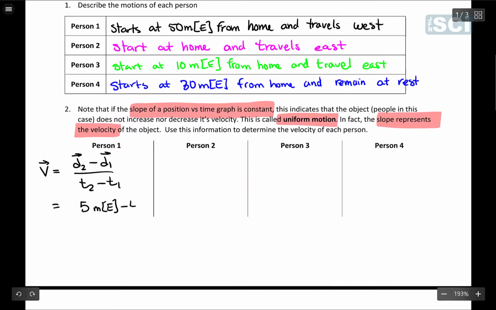So negative 40 meters east, and I'm going to divide that by 9 seconds subtract 1 second, which is 8 seconds, which gives me negative 5 meters a second east.